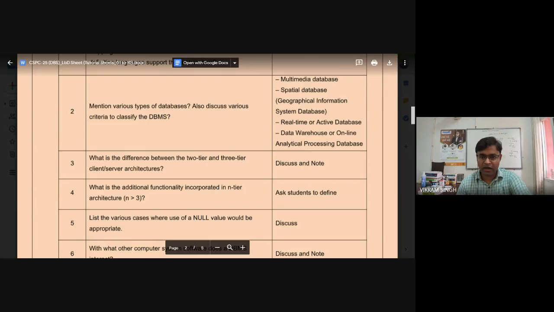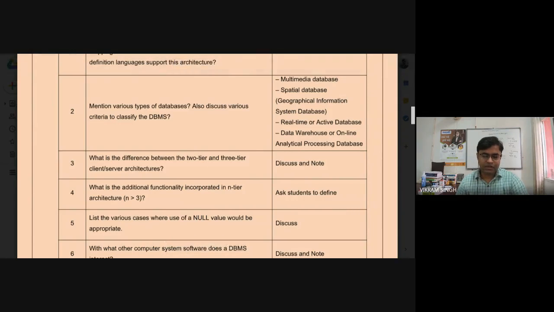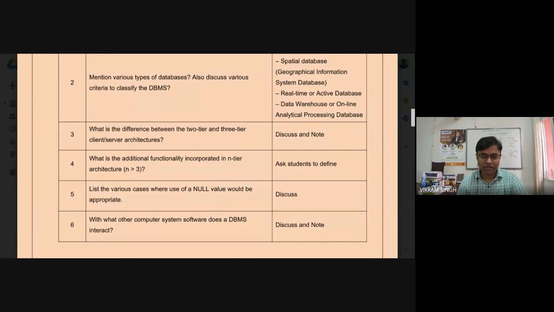Okay, so now again let me see the sheet. What is the difference between 2-tier and 3-tier client server? Questions number 3 and 4 are related to the point which we have discussed: what is the difference between a file-based system and a database system, right?